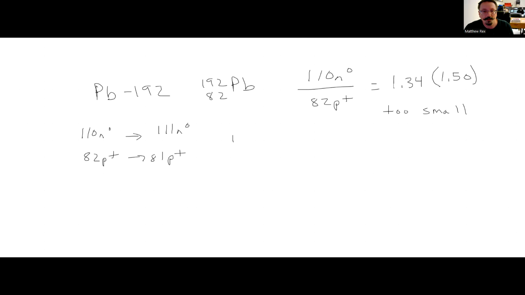And the thing that will do that is positron emission, to kick out the positive charge in the proton, turning it into a neutron. So the top number goes up by 1, the bottom number goes down by 1, and if we do this, we should see our ratio increase, and we should be closer, at least, to that 1.5.